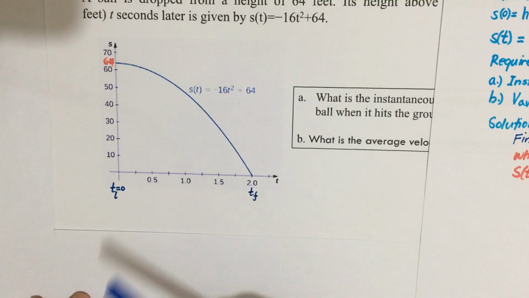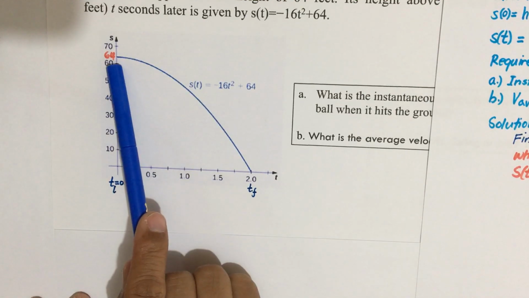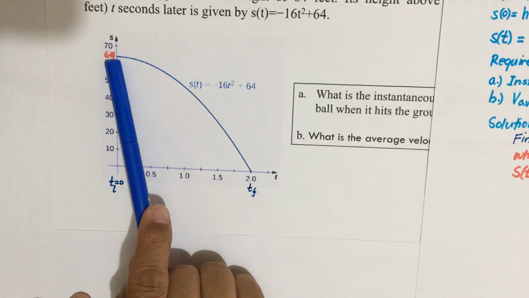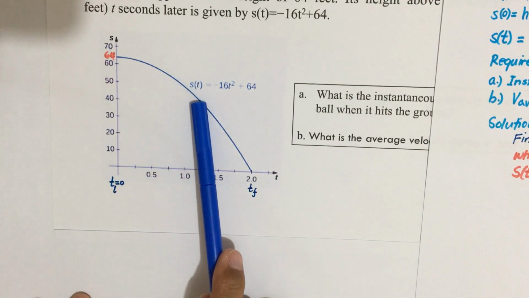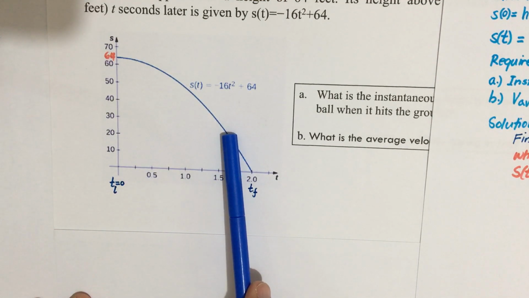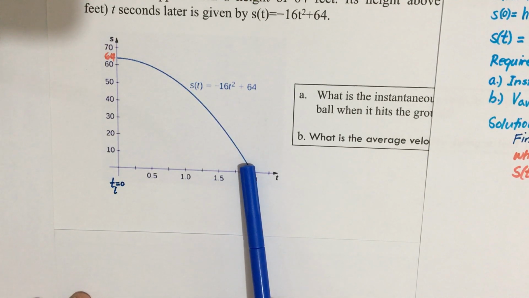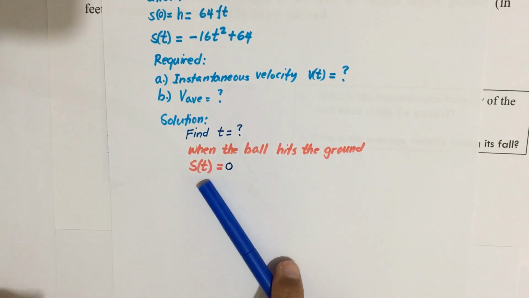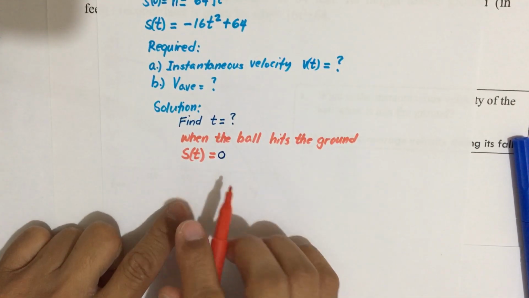You see, when the ball is dropped at t equal to 0, the height of the ball from the ground is 64 feet. So when the ball is dropped, it dropped this way, so s is decreasing, right? The height of the ball decreasing until it reaches the ground where the height becomes 0. So when the ball hits the ground, s sub t equal to 0. So from here, we can solve for the value of t.